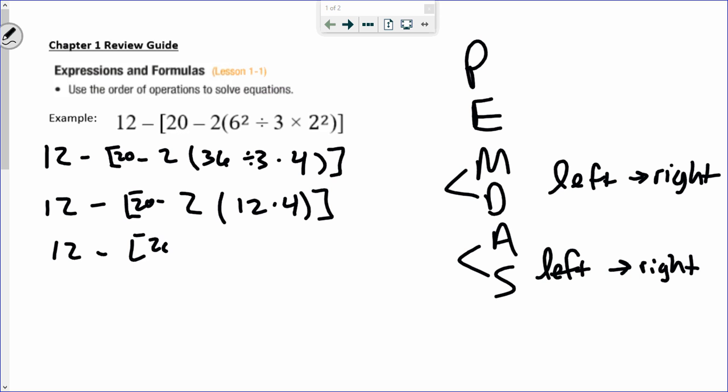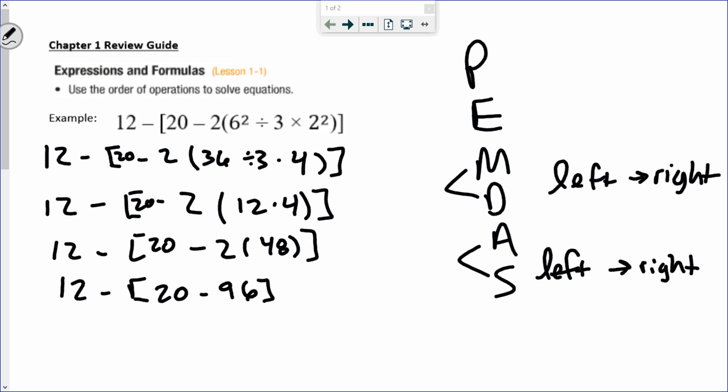Continue. Now inside the parentheses, I only see 12 times 4, which is 48. Now inside of the brackets, I've got it down to a subtraction and a multiplication. Of course, multiplication comes first in my order of operations. So I need to do 2 times 48, which is 96.